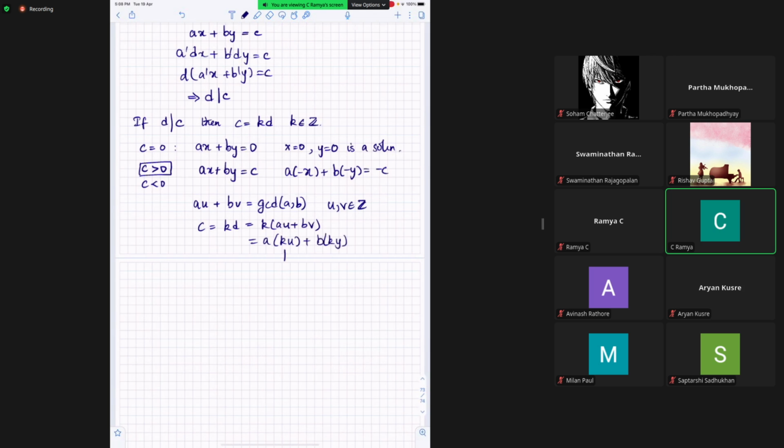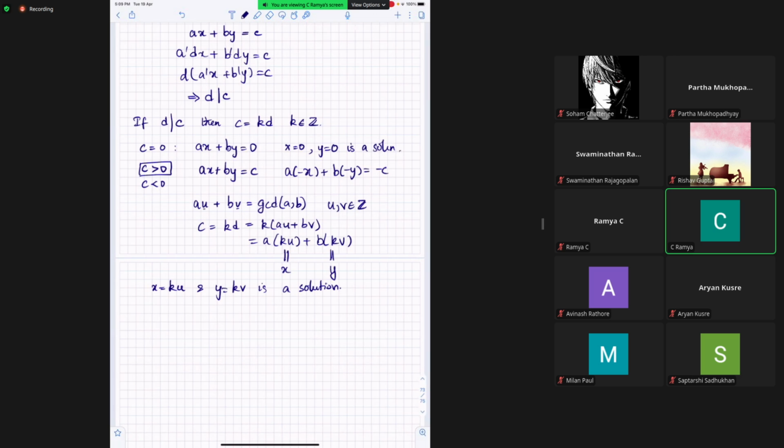So this is my x and this is my, sorry, this should be y. So this has a solution. So x equal to ku and y equal to kv is a solution, where u and v are the Bezout's coefficients of a and b with the GCD.